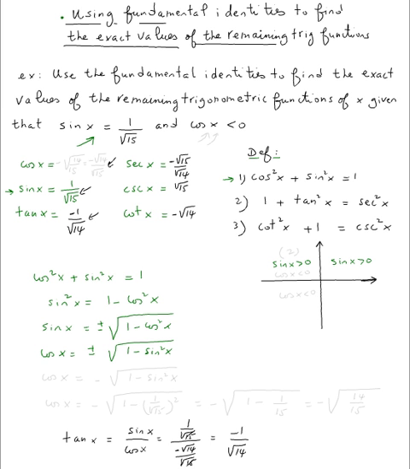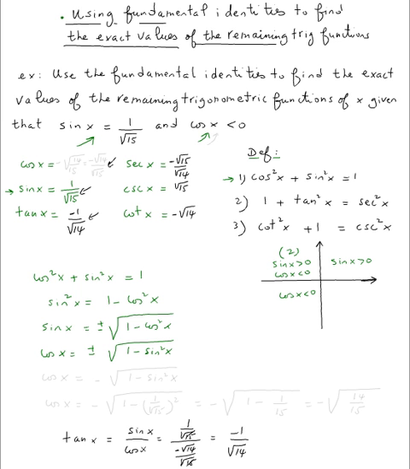Now it's given that the cosine is negative. We know the cosine is negative here and here in both of these quadrants. So sine is positive, cosine is negative, means we're in quadrant 2.